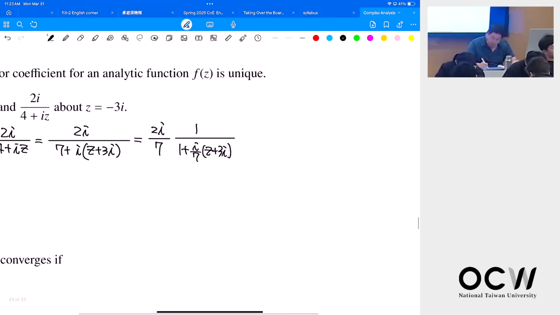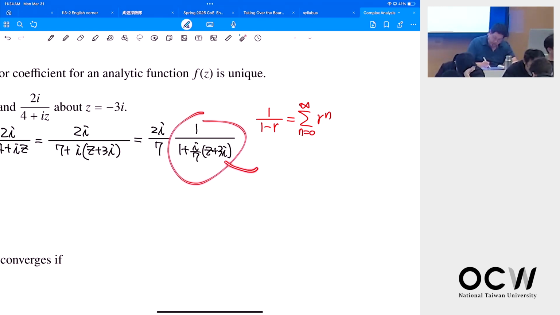Remember, 1 over 1 minus ratio is the summation, n from 0 to infinity, of the ratio to the n. So now I'm trying to make this look like 1 minus r. I try to find the ratio.